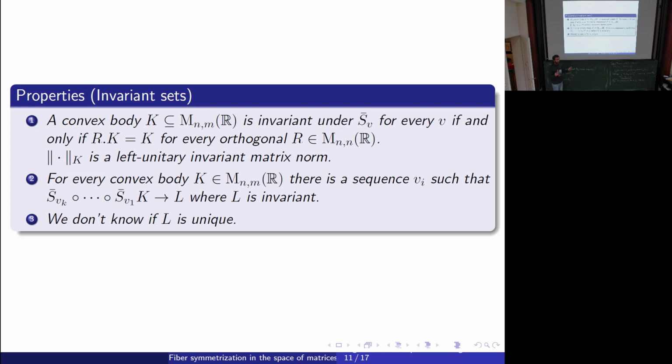If you consider these bodies that are unitarily invariant on both sides, they are uniquely determined by their singular values. So if you have a convex body and you look at the singular values, what's the interaction between the singular values and the symmetrizations? I have no idea what happens there. But I would be very interested in proving something like it converges to the unique body having these singular values.